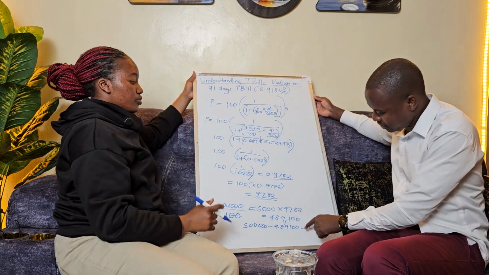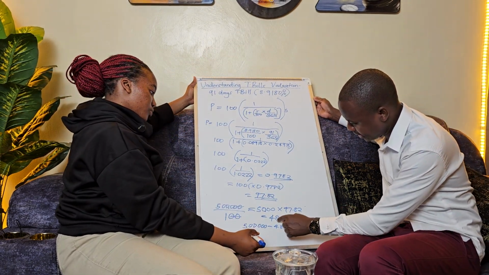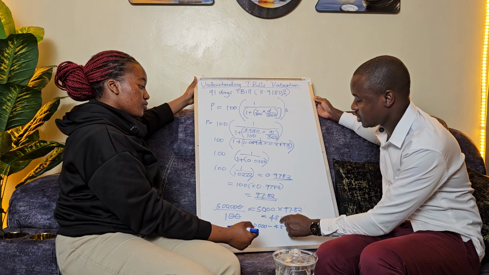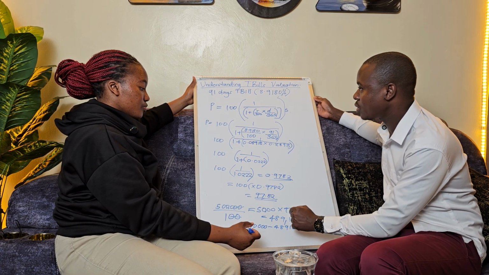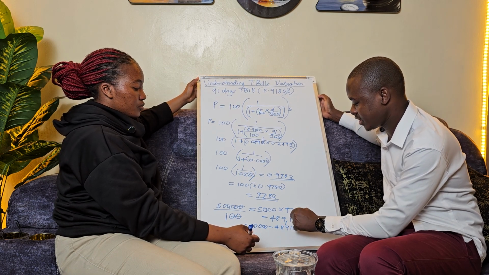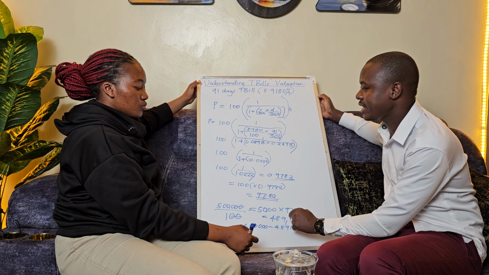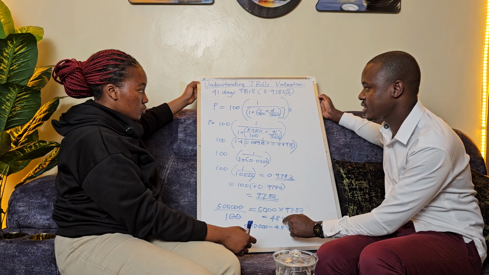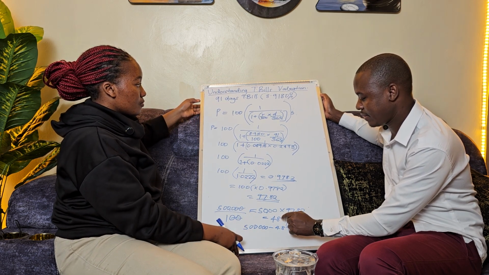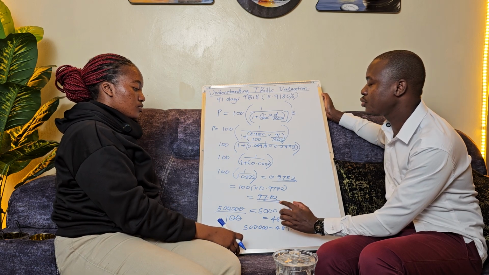You see this discounted value here? This is the amount that you ought to have sent to government. But because we have not factored in tax, we have to add tax to this amount so that we get the actual amount that you are going to send to government.